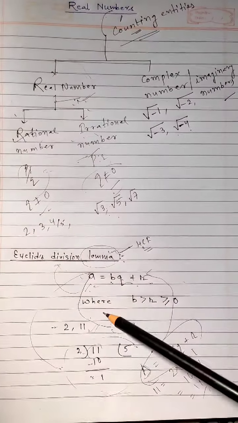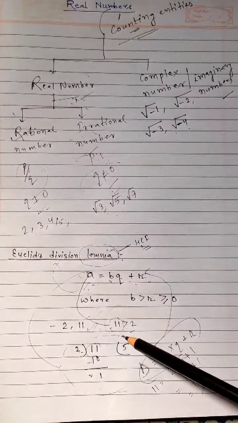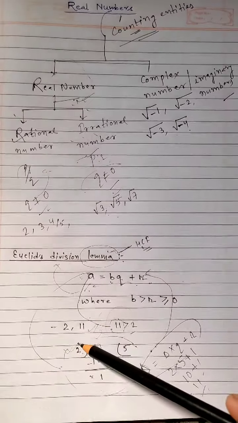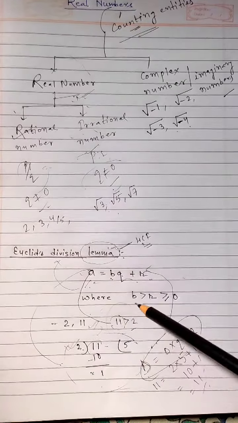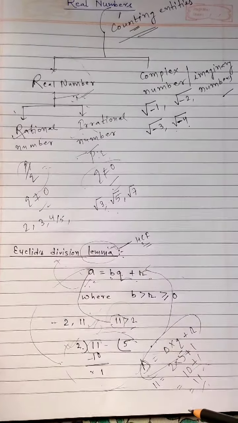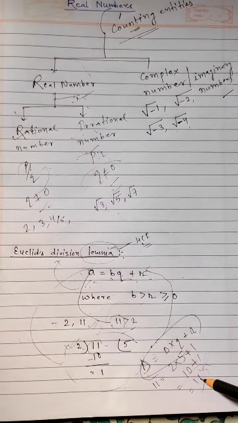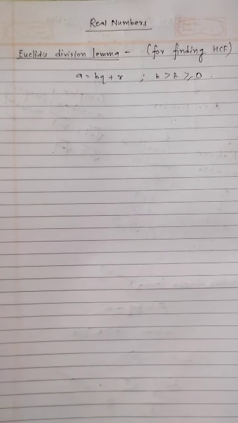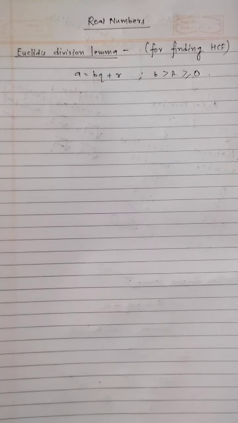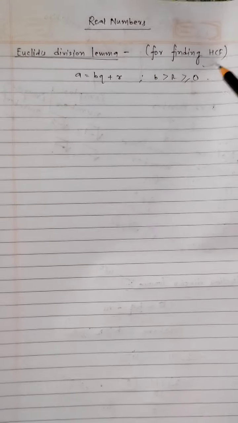At first we need to compare the two numbers, then fix them like this, and then when we divide, we just put it in this formula, and then we will be able to prove the statement. Simple. Now how can we use Euclid's division lemma for finding HCF?